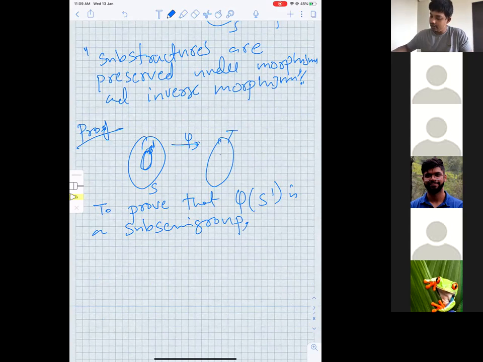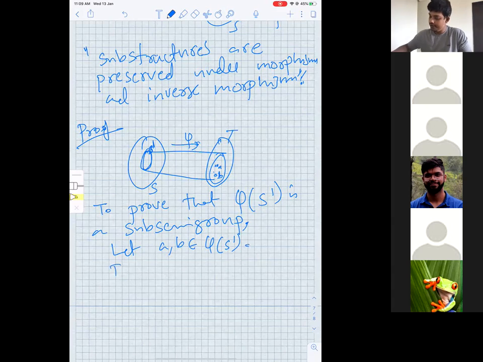Let a, b be in phi of S prime. So I take two elements a and b in the image of phi. I should prove that their product is also in phi of S prime.